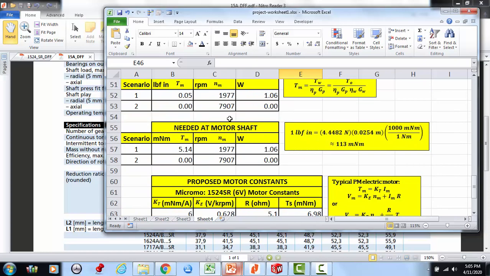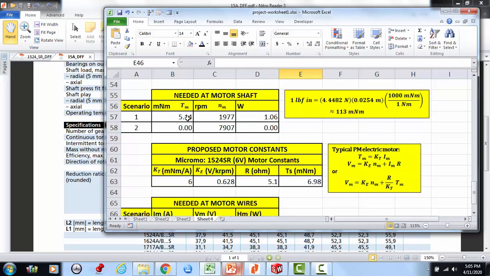But for the most part, we have walked all the way back to the motor, and we've got the 5.14 that we need at the motor shaft. It's only at 1 watt for that 1 RPM of the fingers. That's that first scenario. The second scenario is the unloaded speed. We said we could go up. We budgeted 8,000 RPM for that, so we're in pretty good shape there.